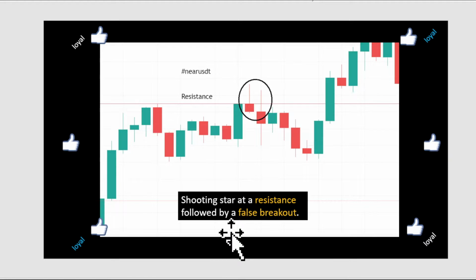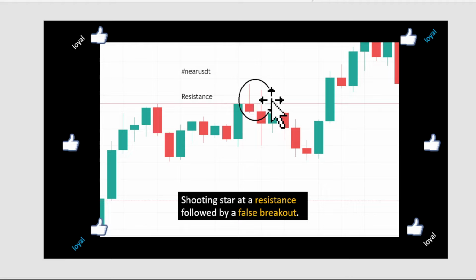From the chart, we notice that a shooting star is formed at the resistance in the NEAR USDT pair. However, the shooting star leaves a wick outside of the range, which we term a false breakout.